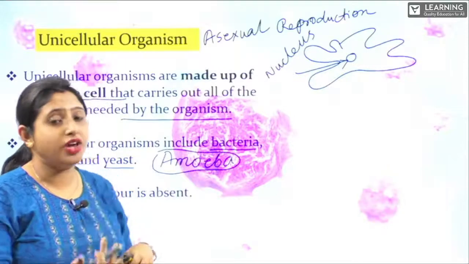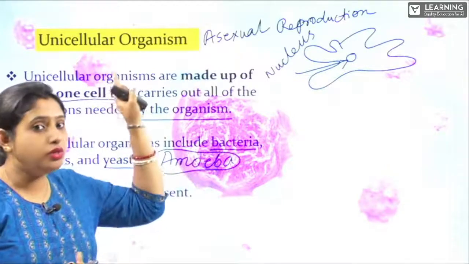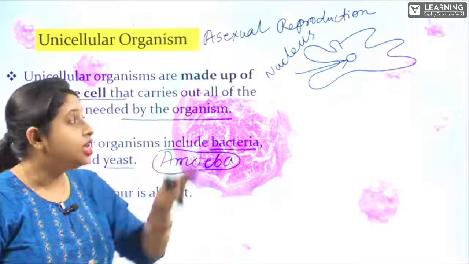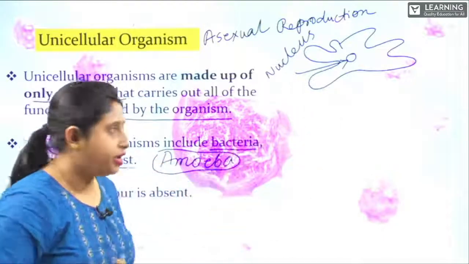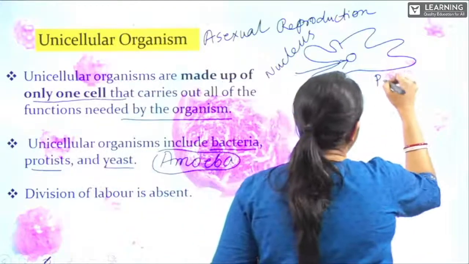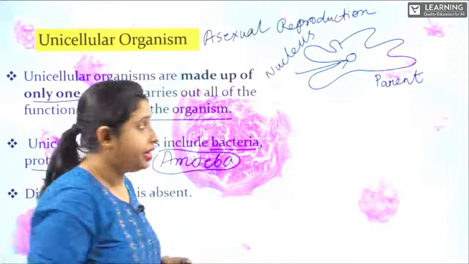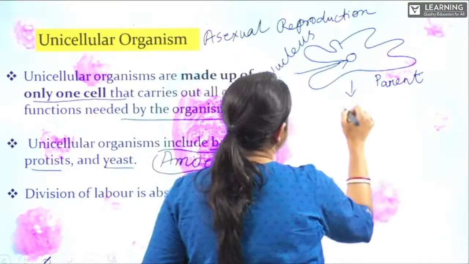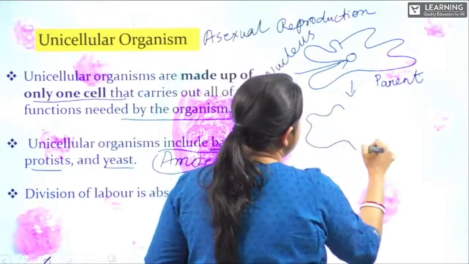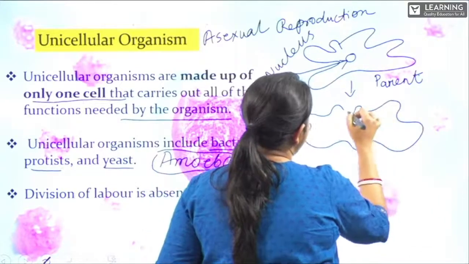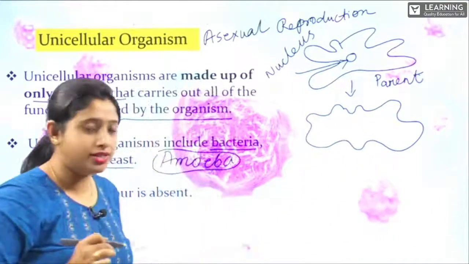It takes place in unicellular organisms, right? See, this is a parent body. When it divides, it will start dividing in order to form the daughter cells, okay?